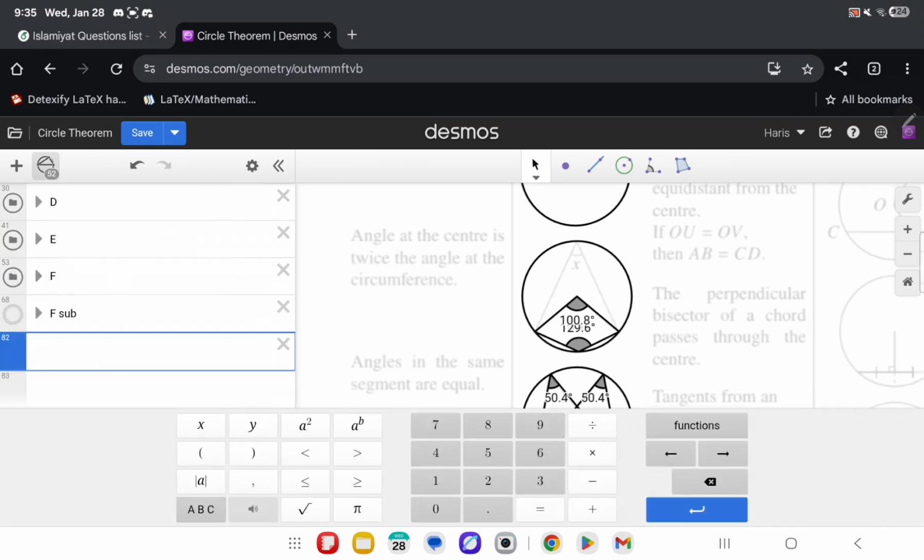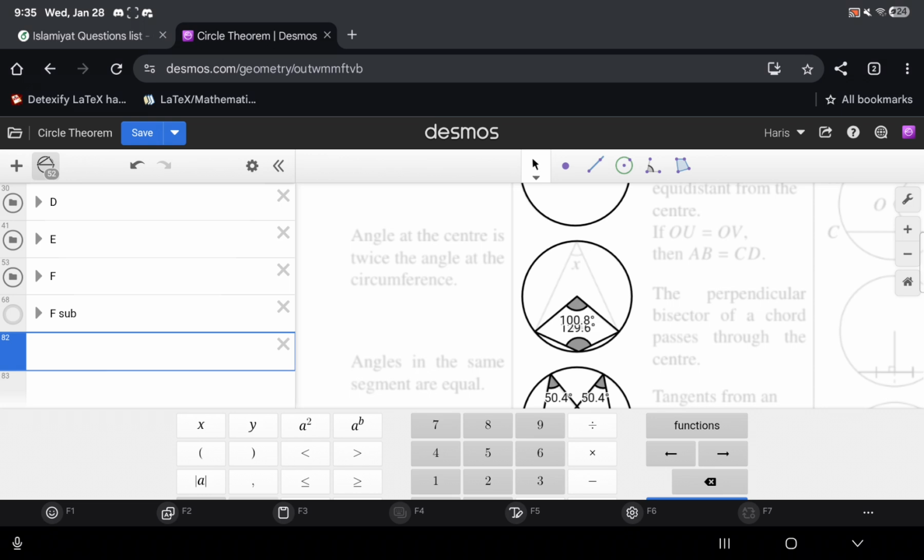That's the first thing. When we have this case where we need to find the angle at the center, but we have this given, how do you find it? Well, you need to first get this one. You see the angle 129.6.